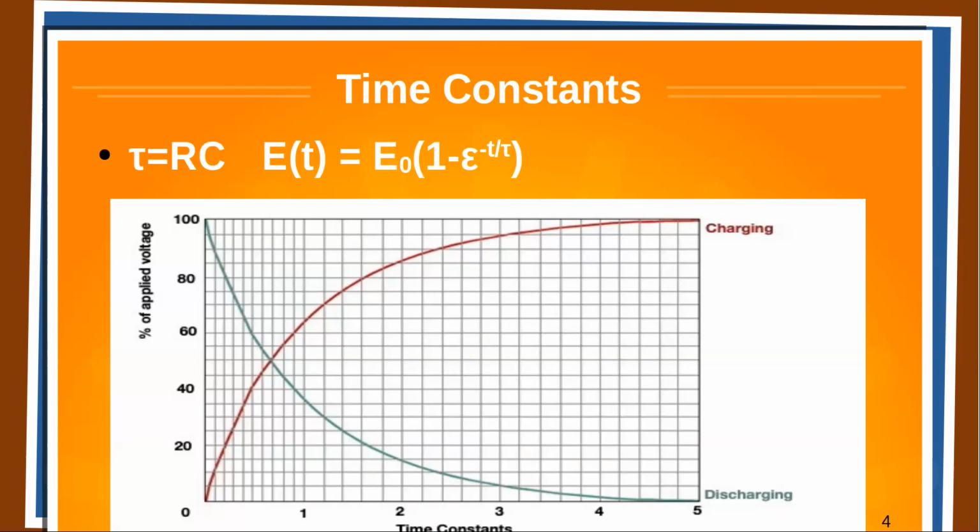So 3 time constants gets you up at 95% on the chart, or down to 5% with the discharge. You don't have to use that formula on the exam, 1 minus e to the minus t over tau. I had to use it in school though.